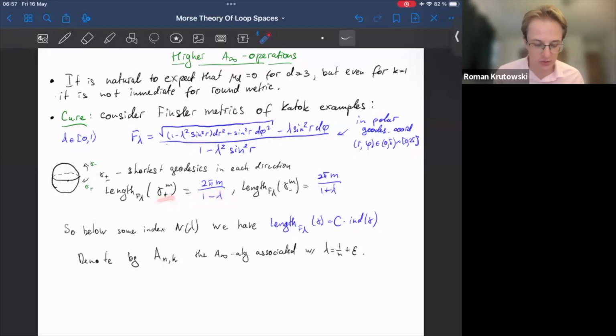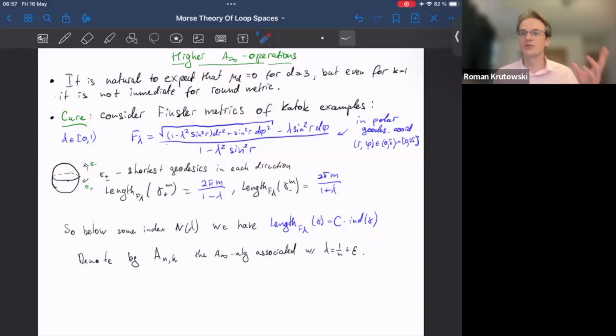So this gamma plus, going in this direction, is the long one, because this becomes very small. And this one is short, this is just approximately pi m. So this means that at least below this action, we have this kind of linearity of length action with respect to index, which is nice.